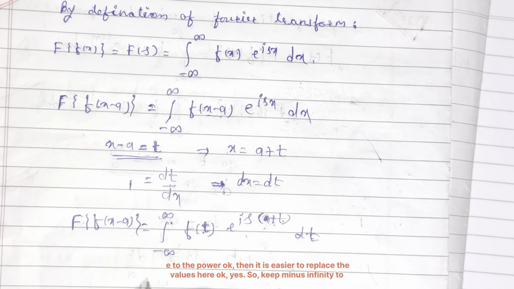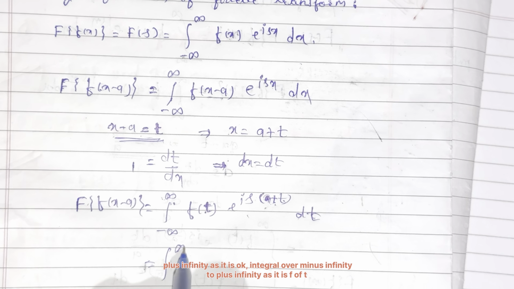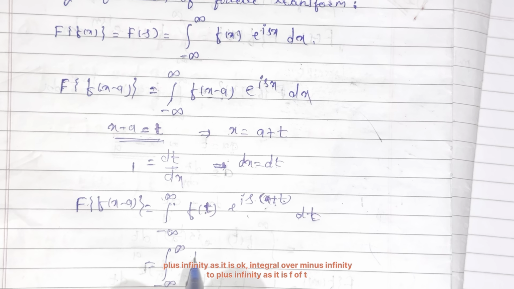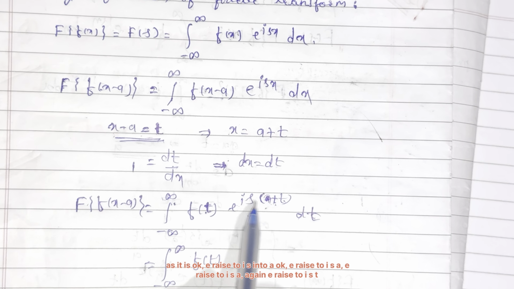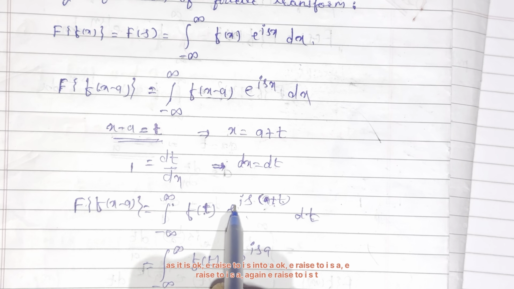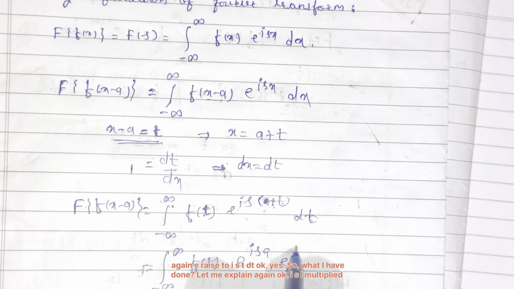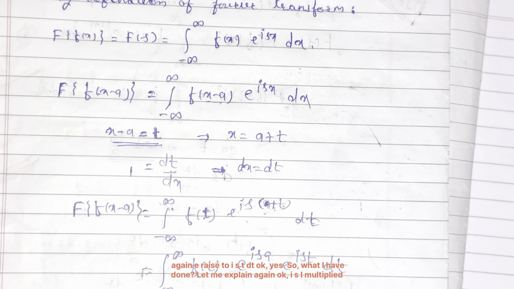So keep the integral from minus infinity to plus infinity as it is, f of t also as it is, e raised to i s a, and again e raised to i s t, dt.